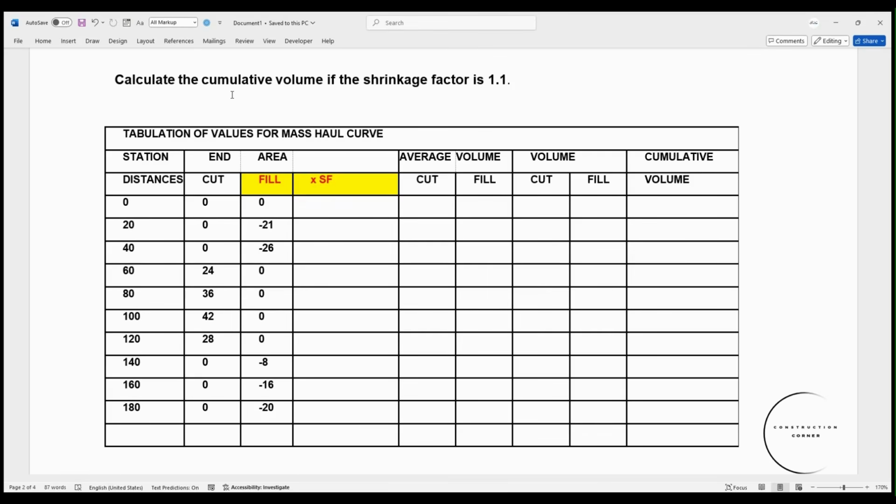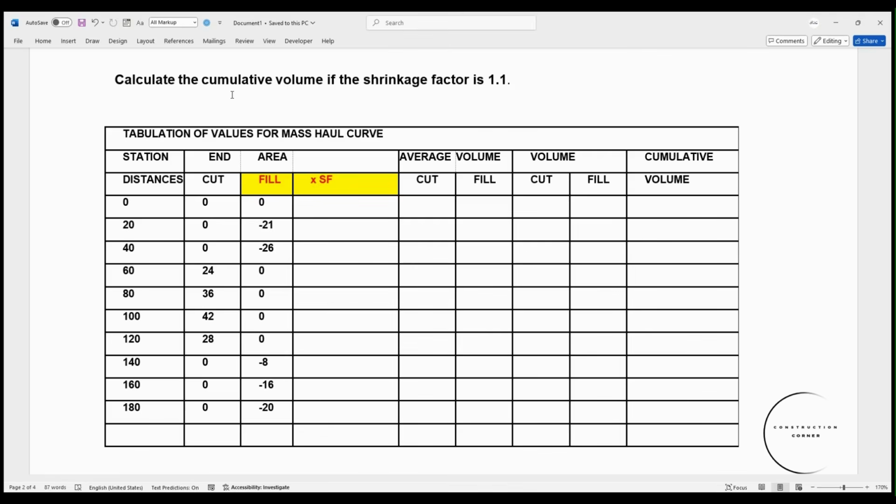Please double check the calculations with your textbooks, your lecturers, or professional engineers to confirm they are correct. This video is meant as an educational guide, not as an official source. Now that we have cleared the air, let's get into the calculations.